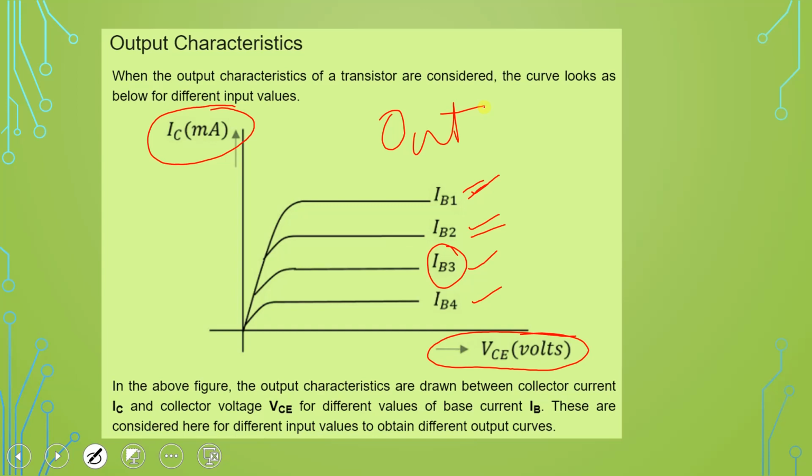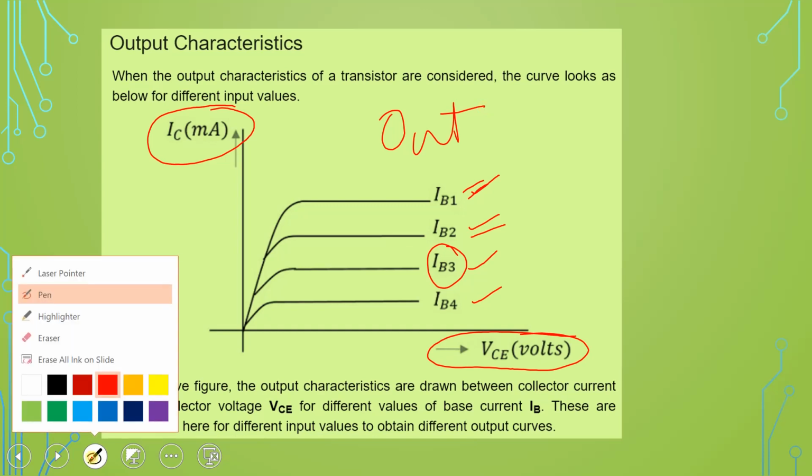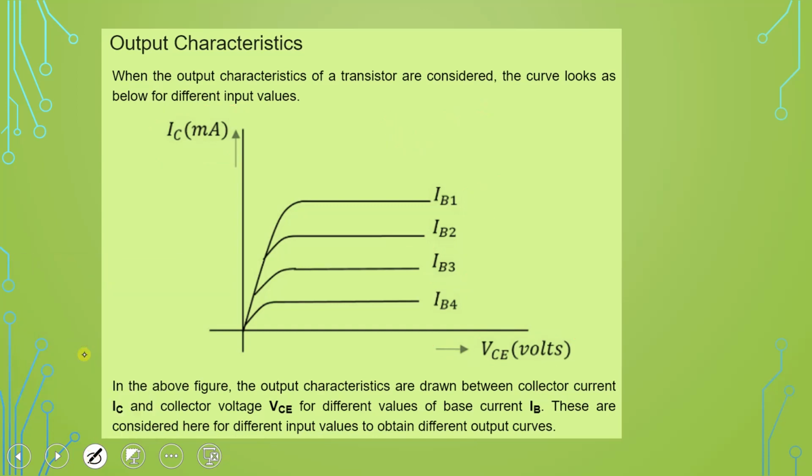Every transistor has input characteristics as well as output characteristics. Input characteristics are those where we have the input voltage and input current. When we have the output voltage and output current, that is called output characteristics.